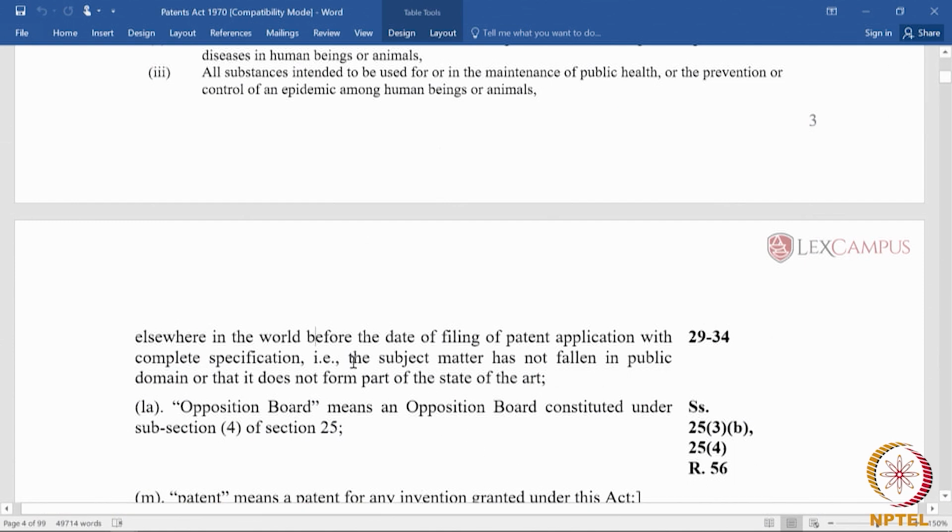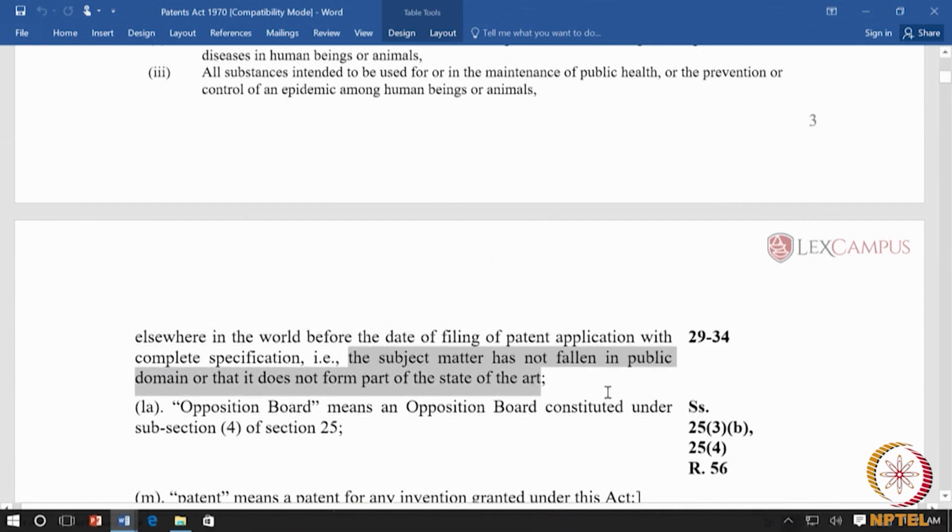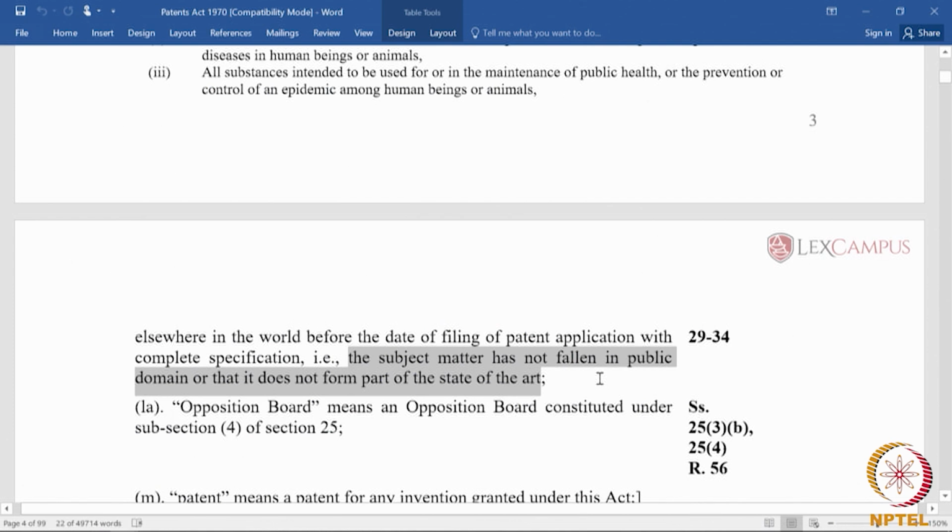Now, anticipation is defined here. What do we mean by anticipation? By anticipation, we mean that the subject matter has fallen in the public domain, or it forms a part of the state of the art.